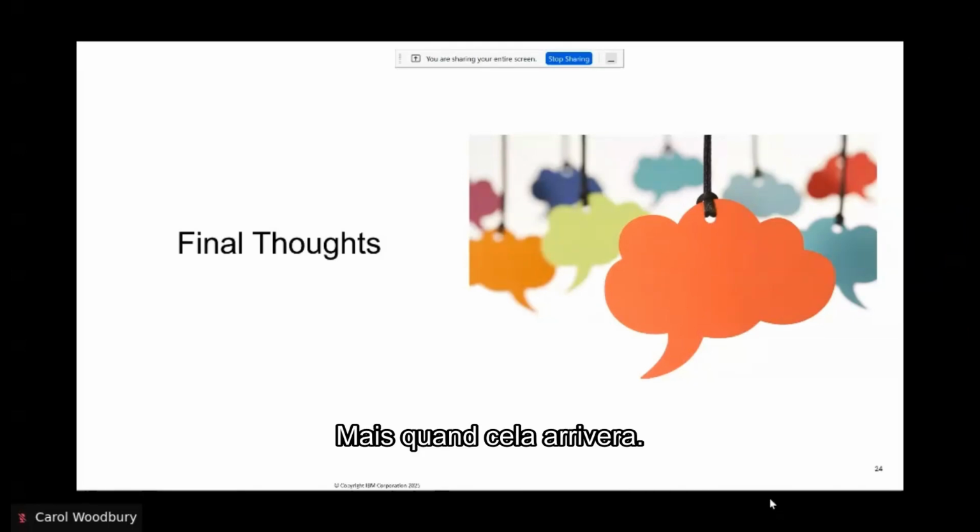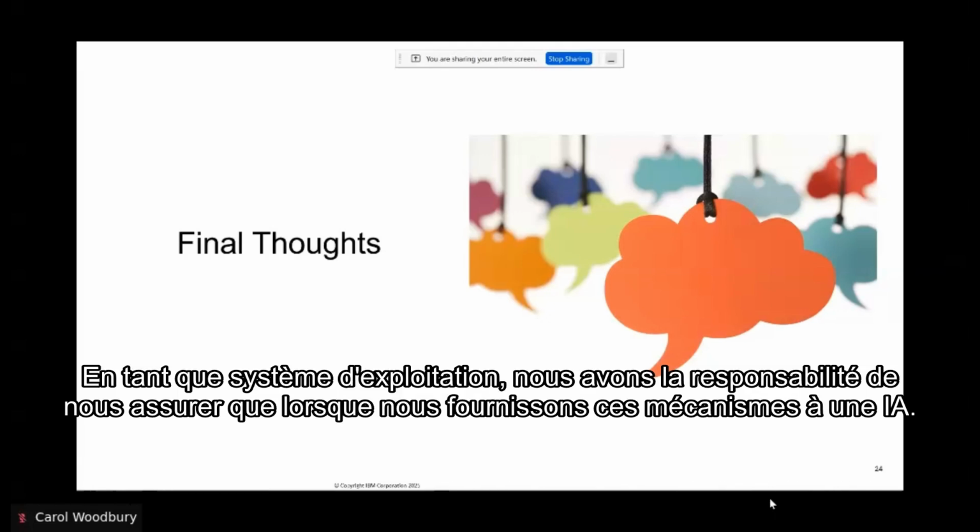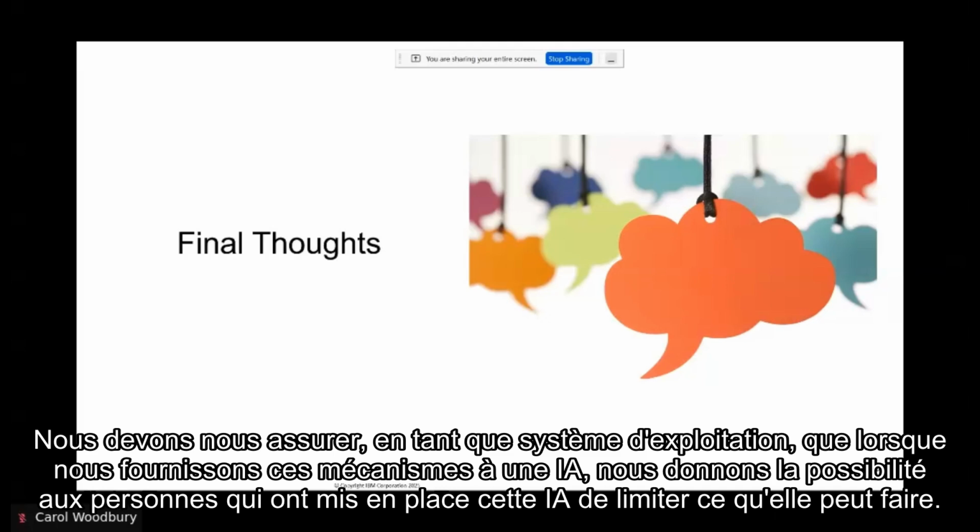But when that happens, now we have a non-person who is going to use interfaces to get important information about the operations of the system, about the data that's in the system, etc. We have a responsibility as the operating system to make sure that when we provide these mechanisms to an AI, we're making it possible for the people who set up that AI to limit what the AI can do.